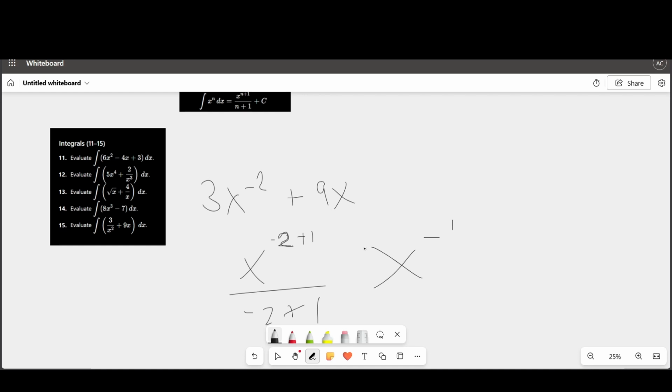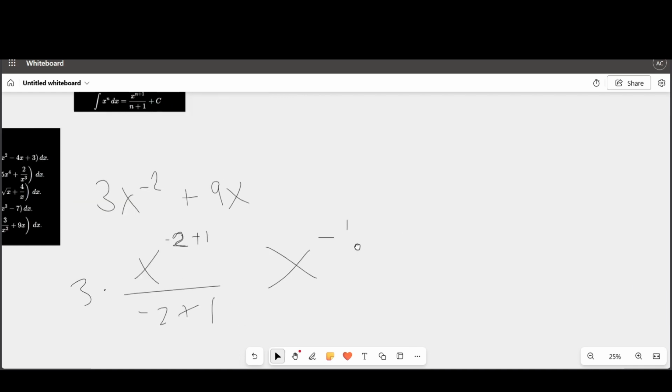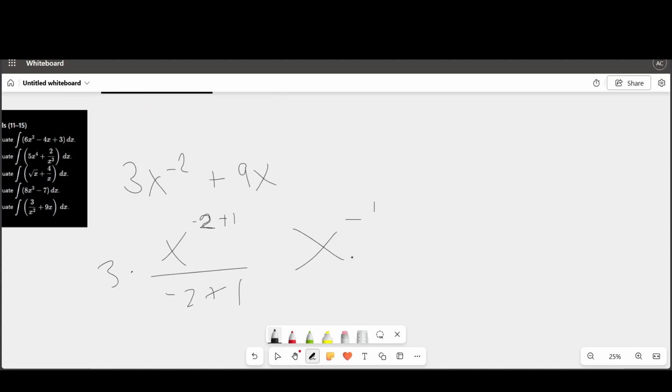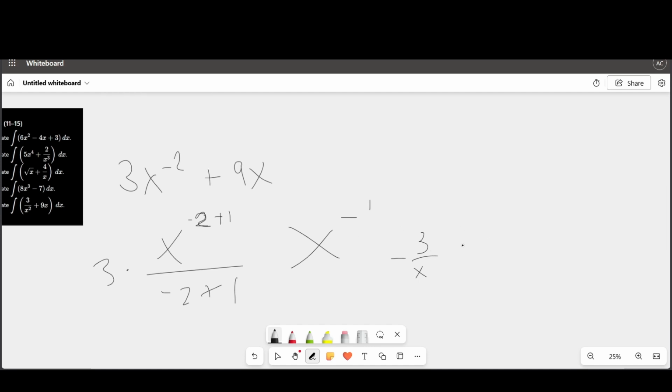Then we have to times that by 3, so that's going to be negative 3, and then x. I believe this is the final answer.